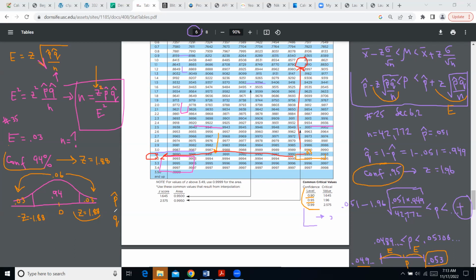They didn't give it to me. And they say, if you're not given p and q, you're making your best estimate, which is 50-50. The reason why is because the p, the proportion or probability, is always on this interval.